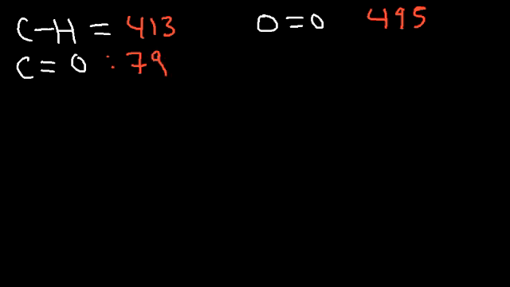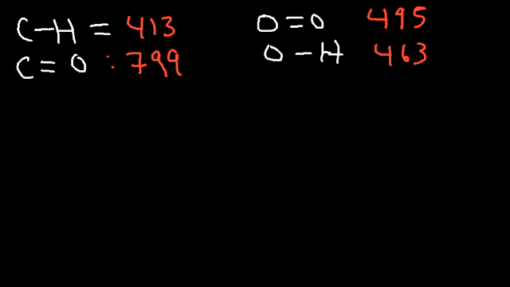And finally, for the O-H bond, let's say that's 463. So, using these bond dissociation energies, calculate the enthalpy change for the combustion reaction of methane.